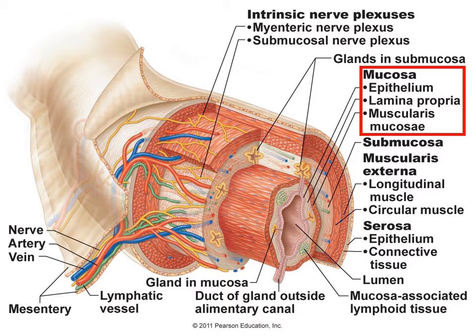So this is a cross section that is showing, if you start on the left hand side, the mesentery, that connective tissue that is helping to hold the various organs in place and attach them to the wall of the abdominopelvic cavities. You do have quite the extensive nerve and blood supply.